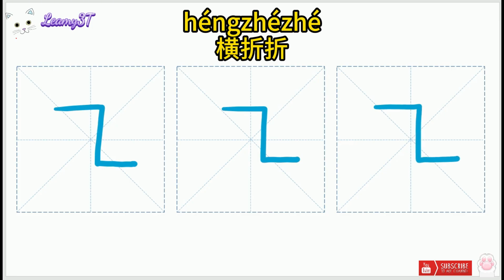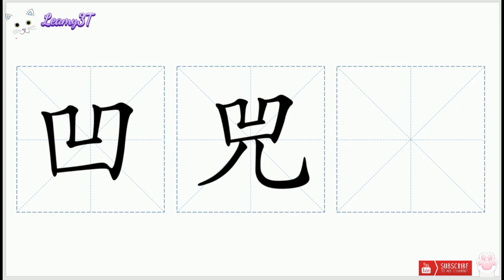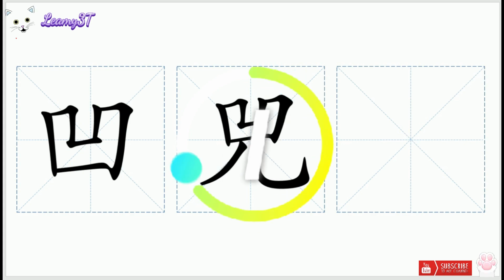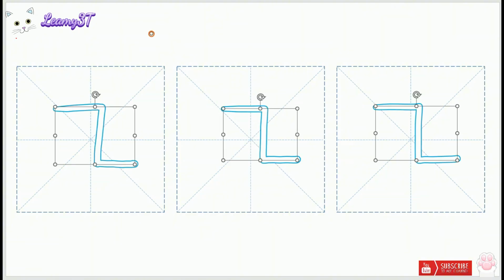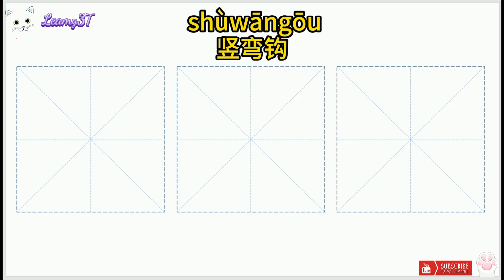Now, please take 10 seconds to find all the héngzhézhé. Have you found everyone? Let's check. héngzhézhé, héngzhézhé.